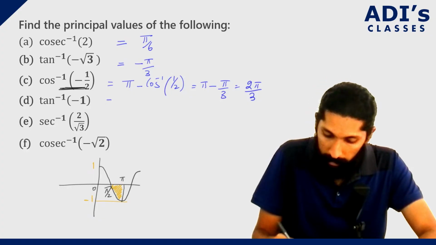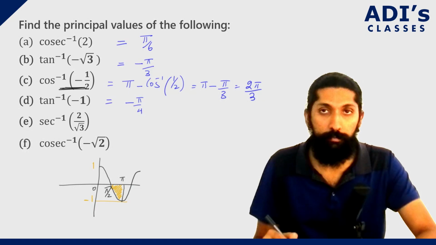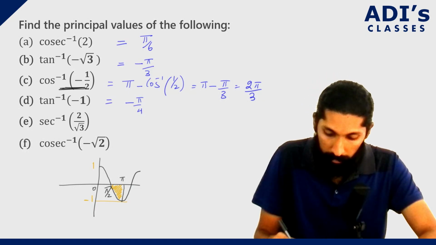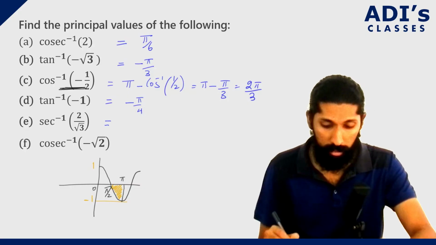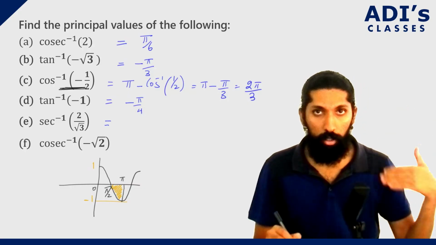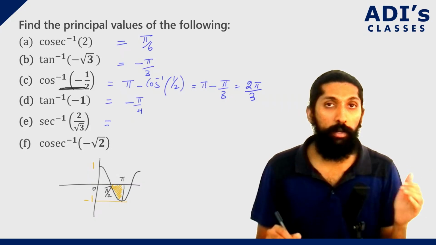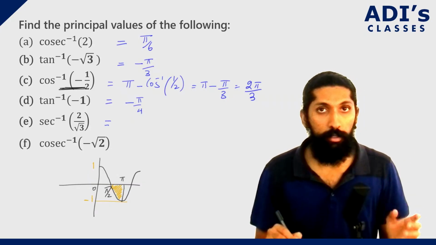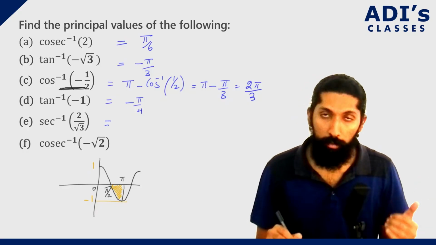Tan inverse of minus 1, guys, this is very simple, minus pi by 4. Secant inverse of 2 by root 3. When you have secant inverse, again, go back, recall. For what value of theta do you have secant theta equal to 2 by root 3? It is going to be 30 degrees, correct? Secant 30 is 2 by root 3.